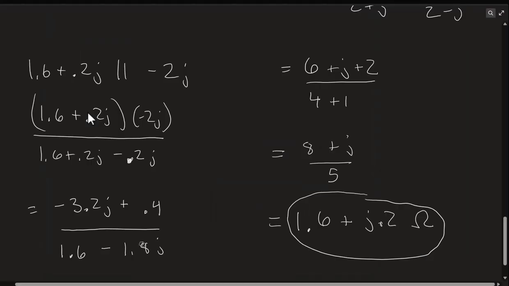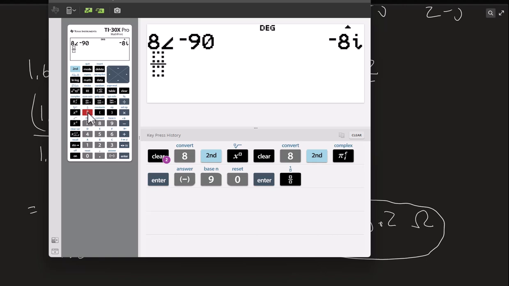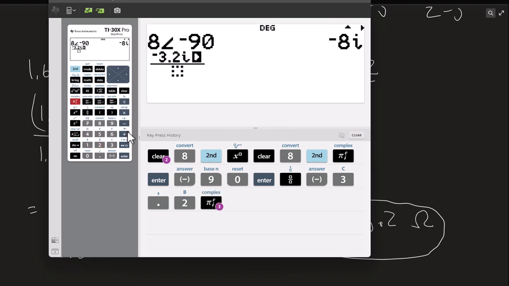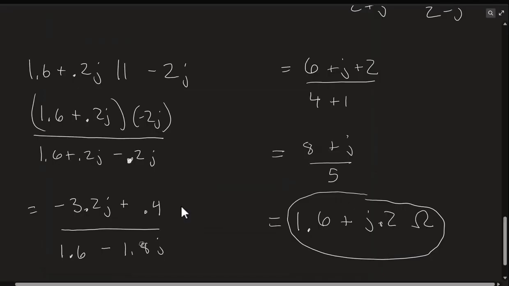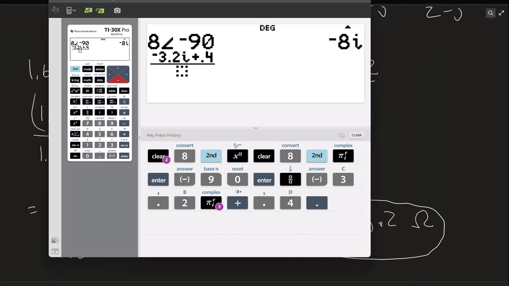So we had minus 3.2j plus 0.4 over 1.6 minus 1.8j.